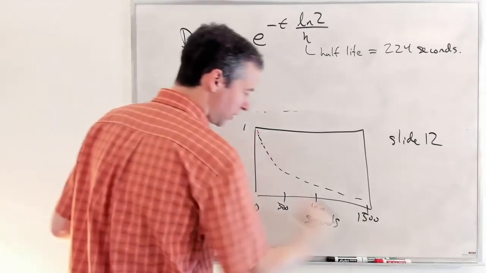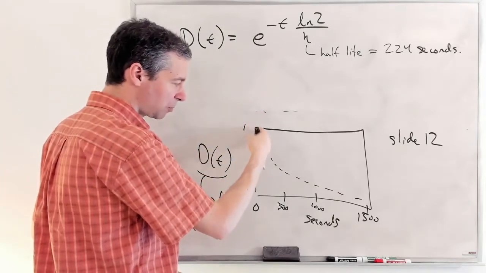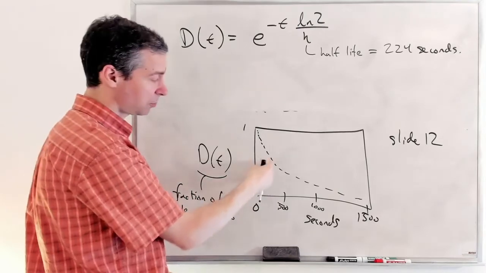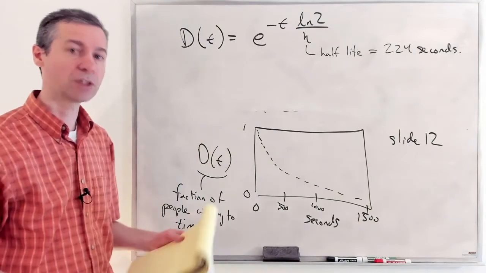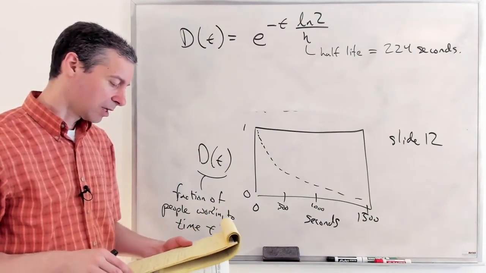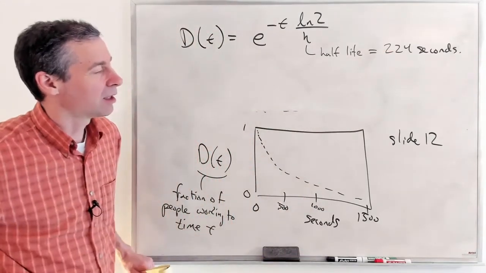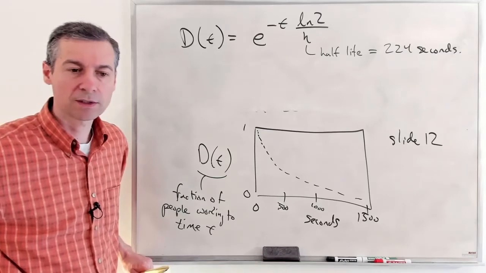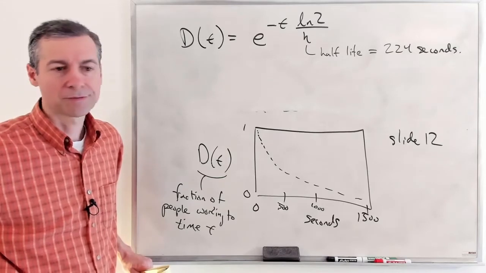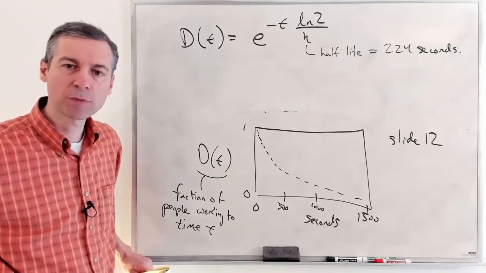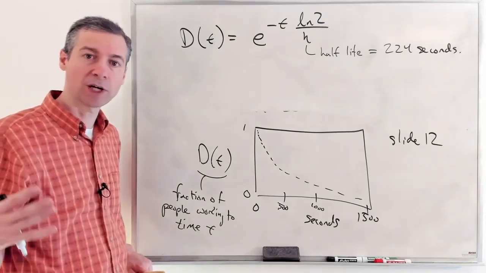But you can understand it for the most part as: most people search for a short period of time, and then you've got this longer tail of people who do engage in very long searches. With a half-life of 224 seconds, 300 seconds is 5 minutes. So less than half of the people are done searching at 4 minutes. And these are people that we modeled who had done 5 clicks.